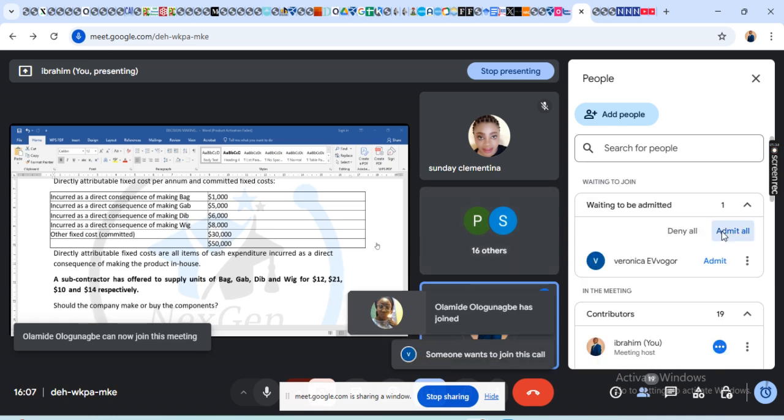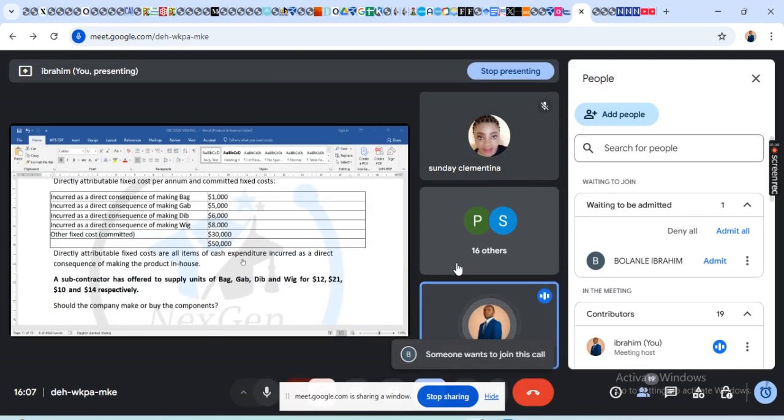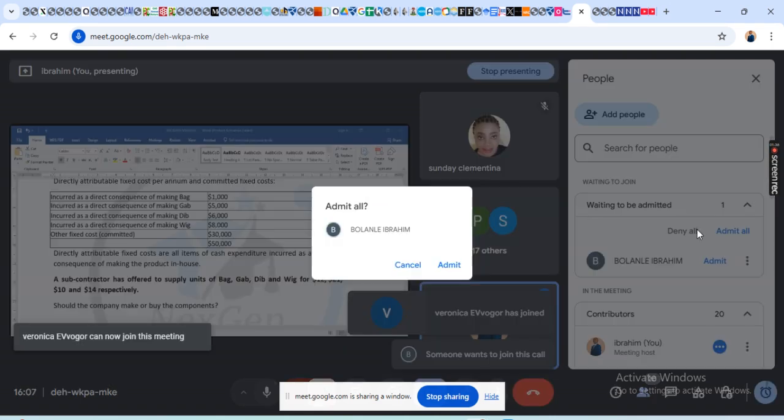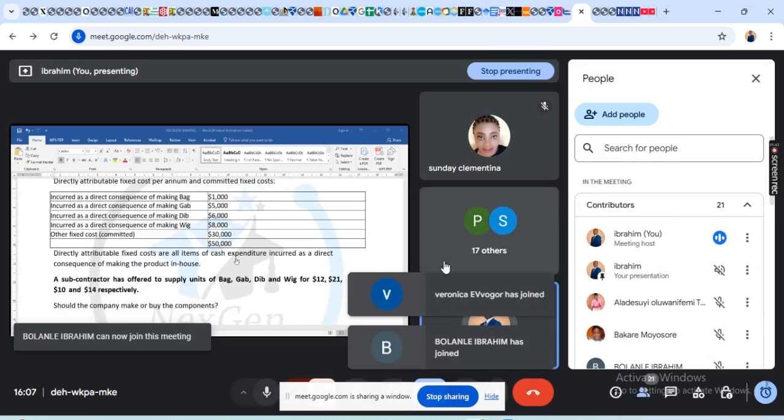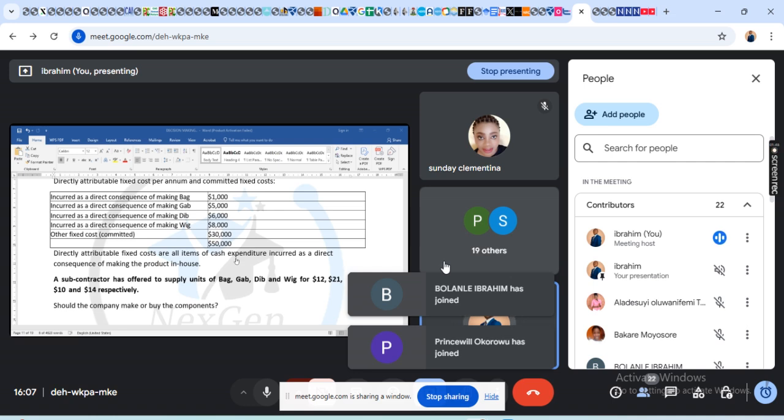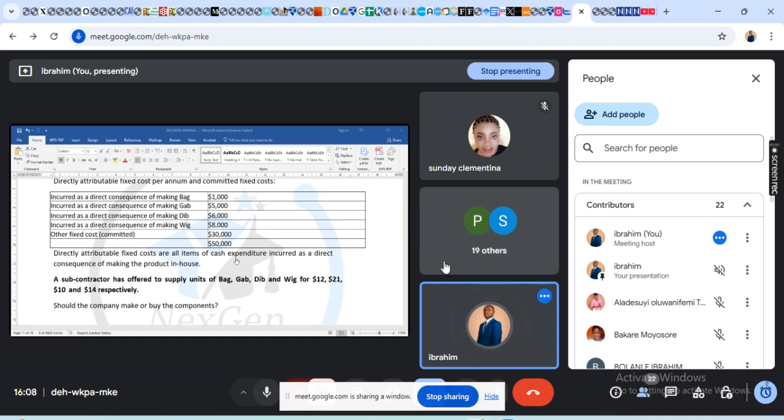Do you know why? Because whether they produce that product or not, they will incur that particular cost. It will not be fair when you are comparing with what you want to get from an external supplier, who is quoting the price based on what he will use.